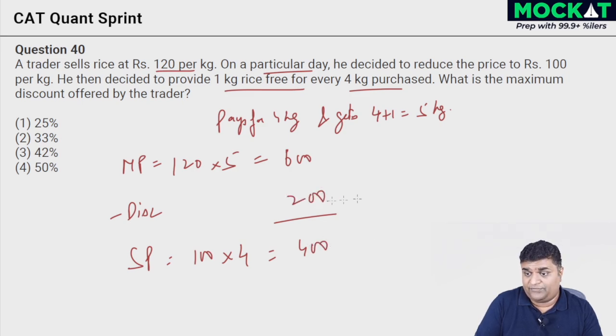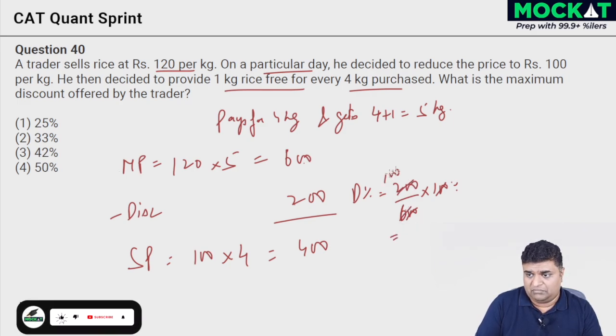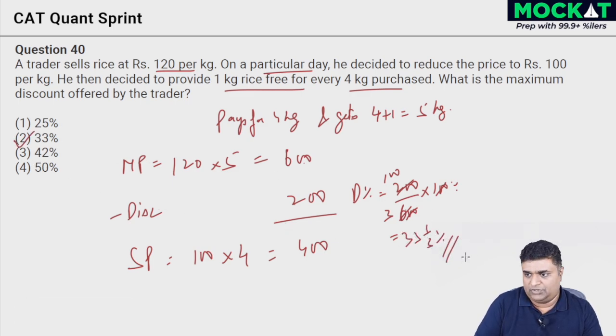So the discount offered was 200. So what is the maximum discount offered in percentage terms? Discount percent over here is discount by mark price, 200 by 600. That's 1 by 3, right? And straight away mark it. So 1 by 3, 200 by 6, 100 by 3, which is nothing but 33 1 by 3%, right? Option 2 over here is the answer.